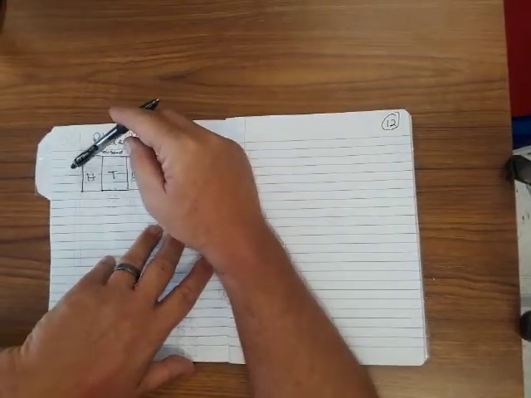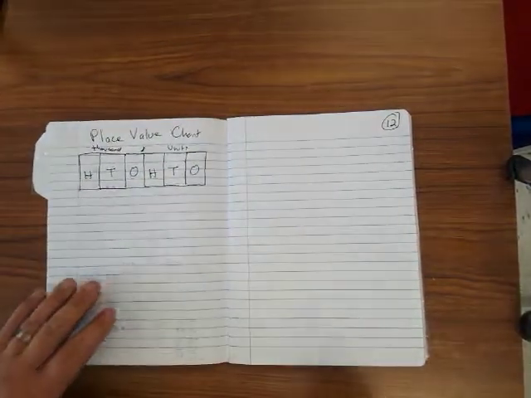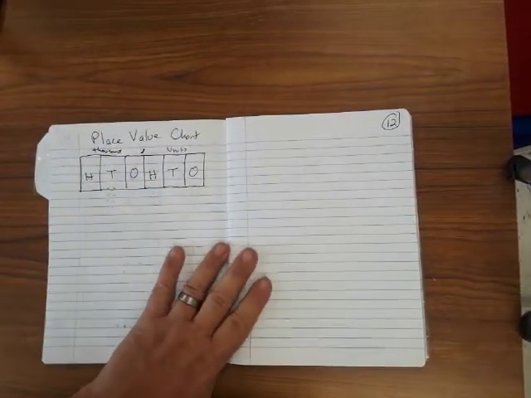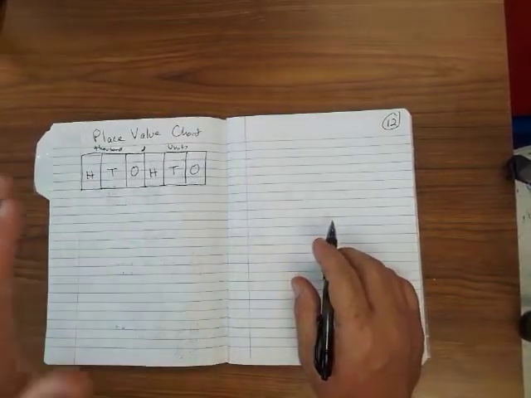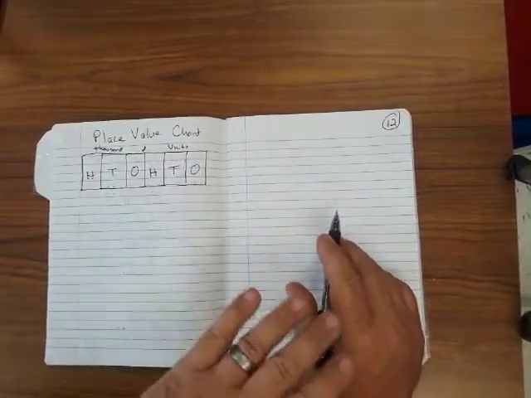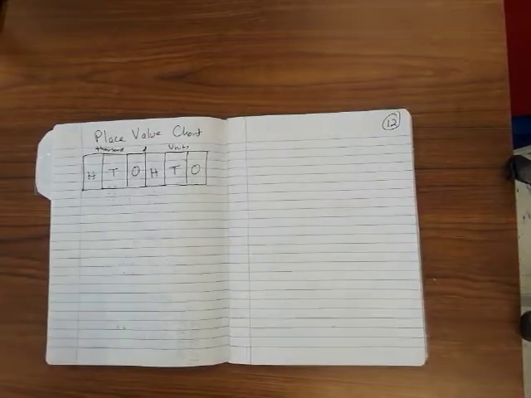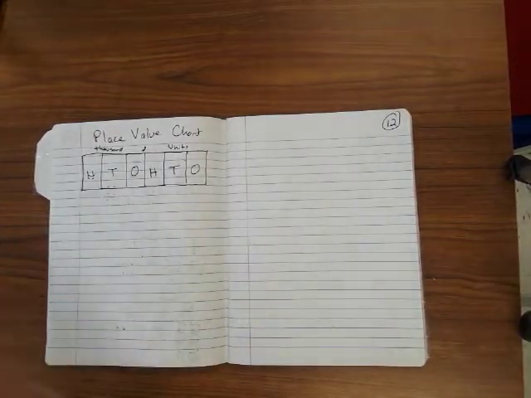And if it kept on going, it would be millions, ten millions, hundred millions, then billions, trillions. But you'll notice it follows that pattern. It keeps on going: ones, tens, hundreds, ones, tens, hundreds.